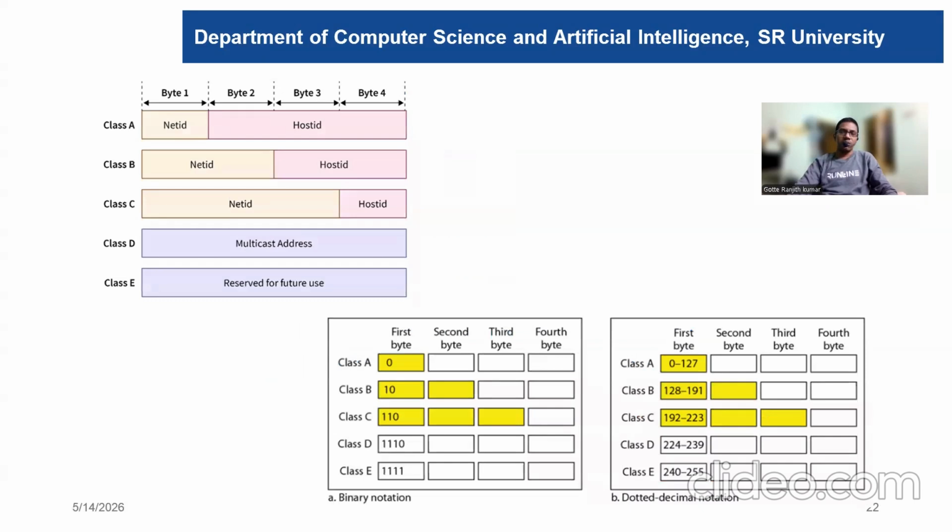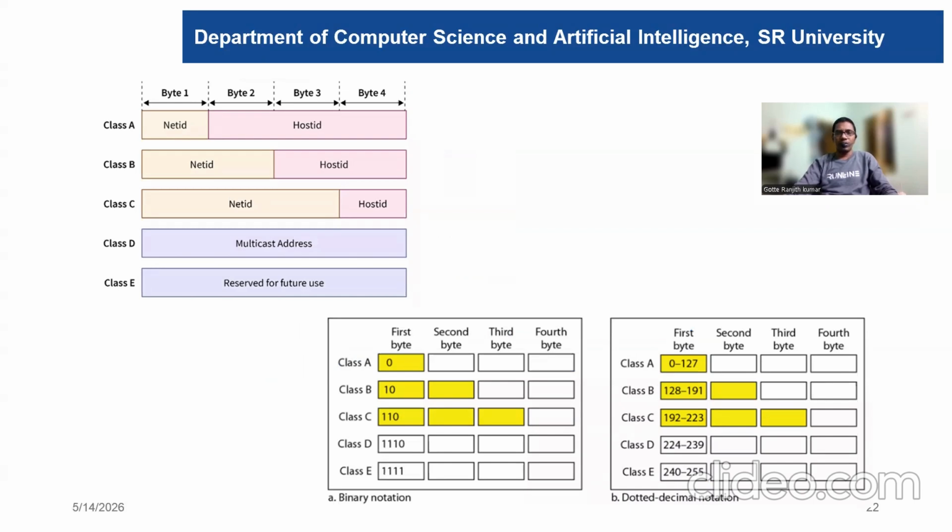An IP address means an internet protocol address. Every system connected to the internet must have an IP address. Without an IP address, communication among devices over the network is impossible.